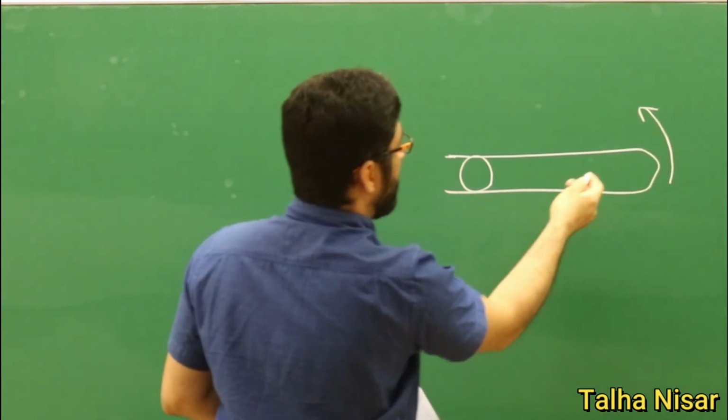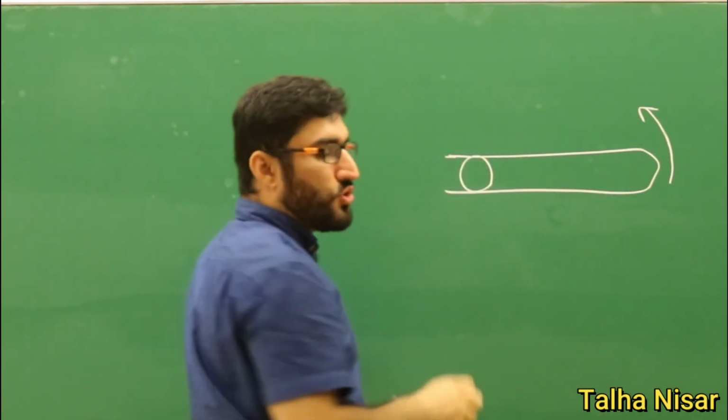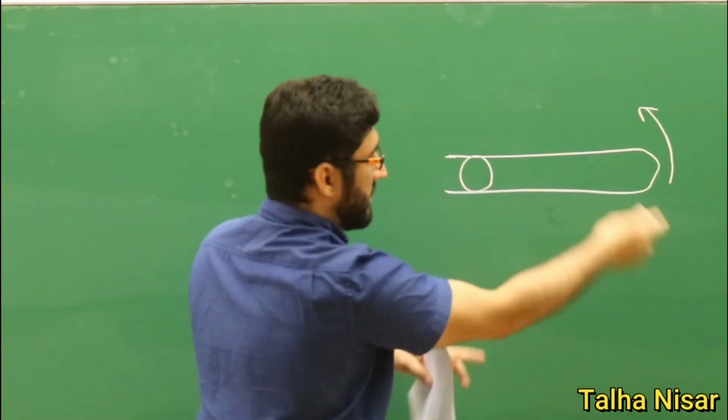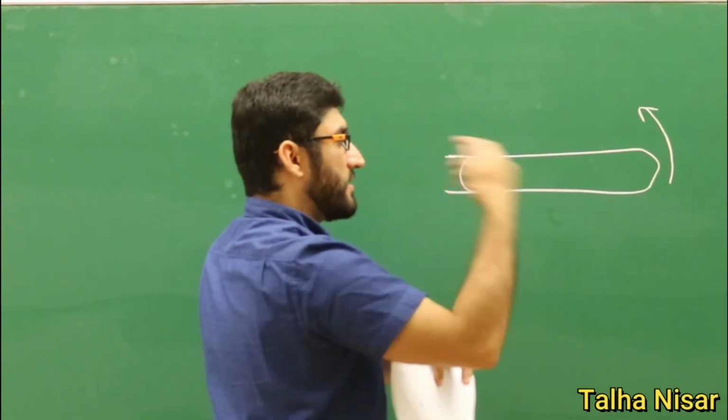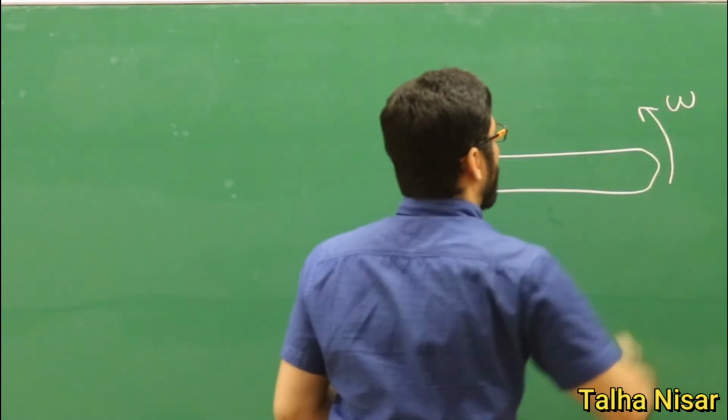So we have a marble in a test tube which is rotating. For example, my hand is the test tube, and it is spinning like this with the angular speed omega.